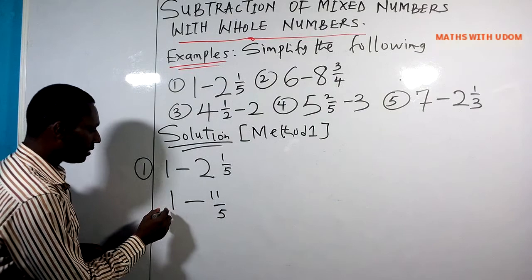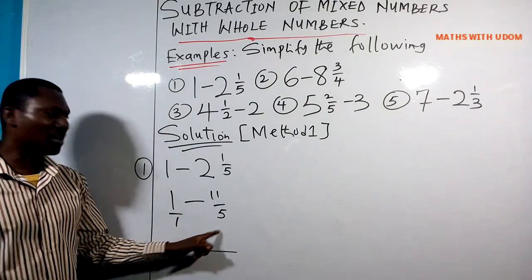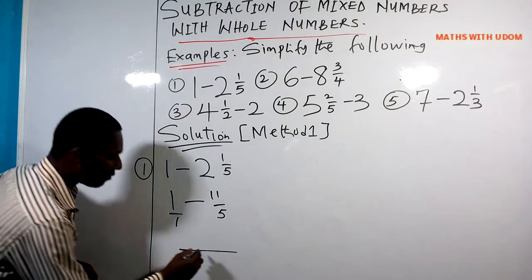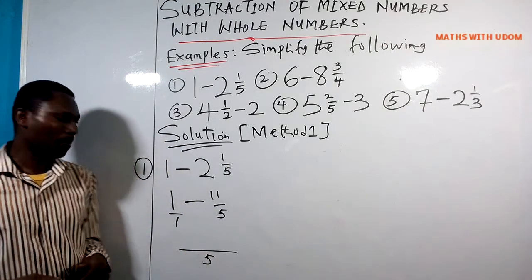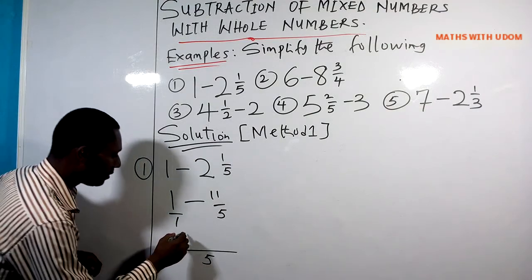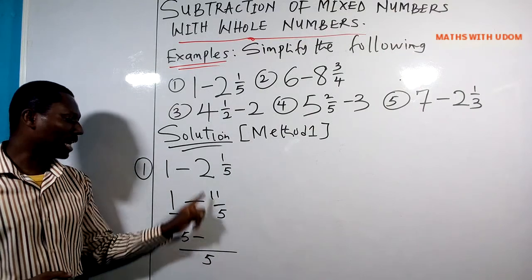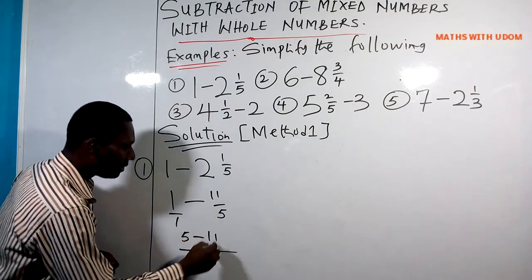So we have 1 divided by 1. So what is the LCM of the denominators 1 and 5? It is 5. So how many 1 can go in 5? 5. 5 times 1, 5. Minus, how many 5 can go in 5? 1. 1 times 11, 11.